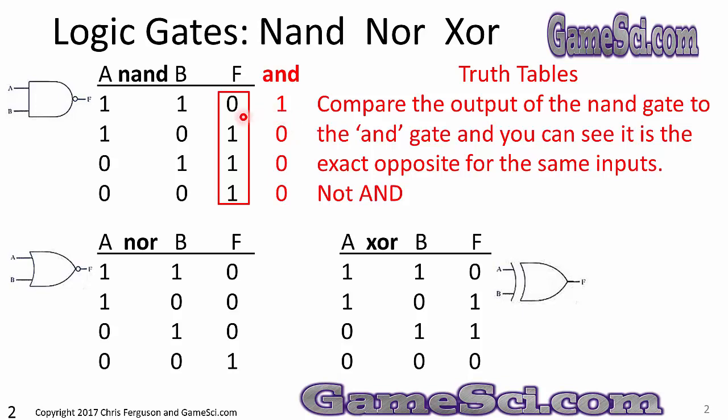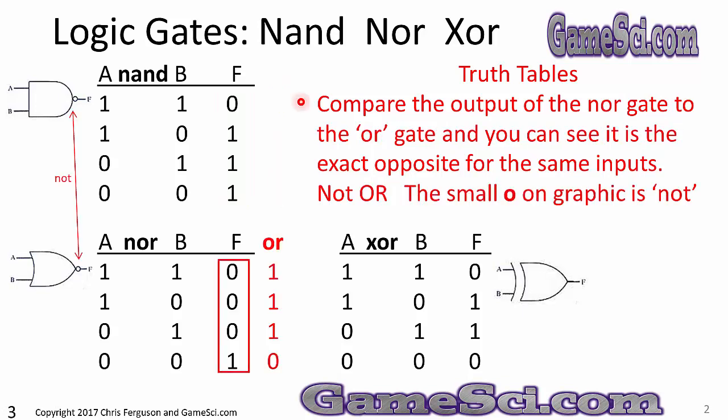So not AND would produce the opposite, or false. With the inputs being 1 and 0, the AND gate would produce a 0. Therefore not AND would produce a 1. And everywhere the AND gate produces a 0, the not AND, or NAND gate, produces a 1. It's the exact opposite of the AND gate. That's what not AND means.